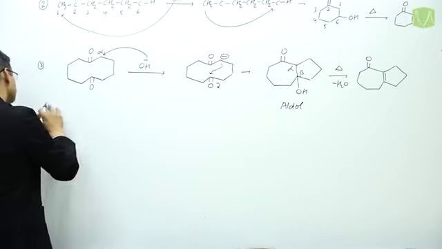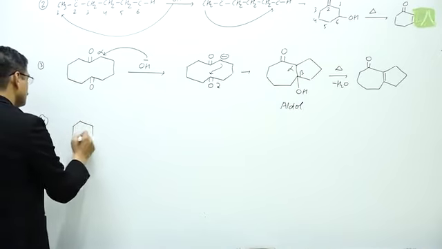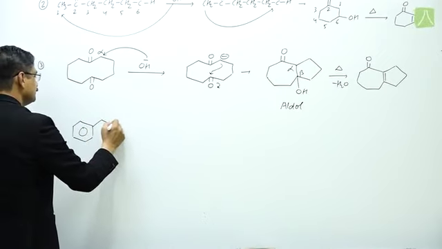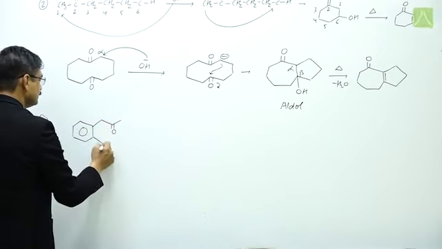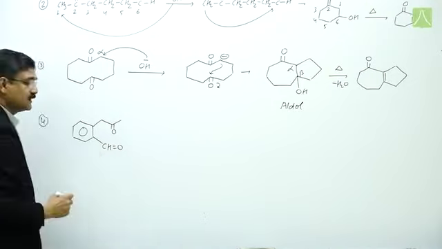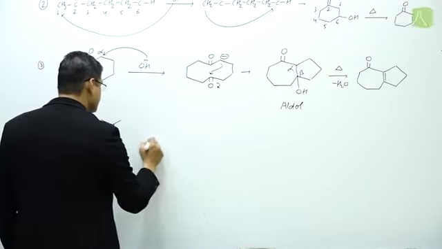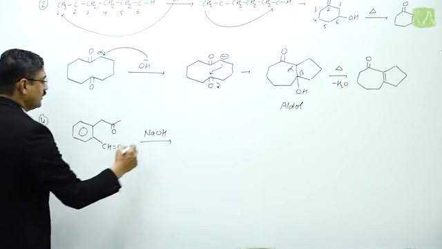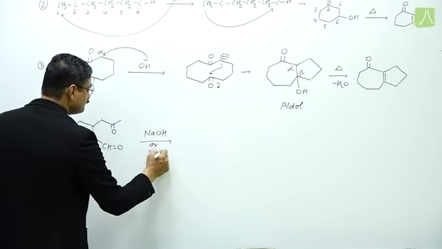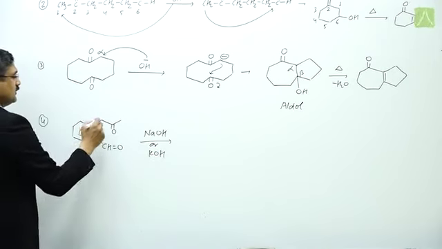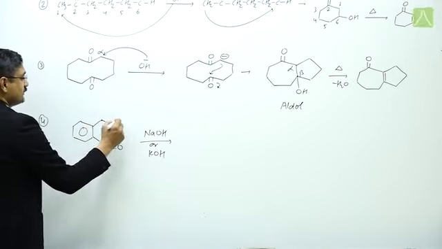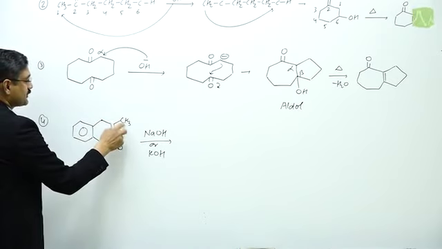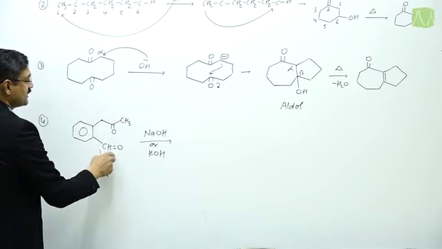The next example, suppose this is the structure. So in basic medium, KOH. Suppose I take this alpha H, so only a 4-membered ring is formed. Suppose I take this, so a 6-membered ring is formed.